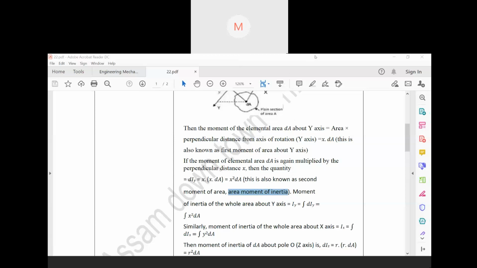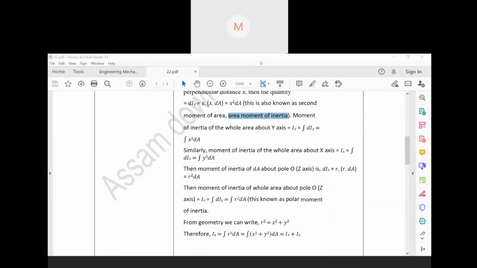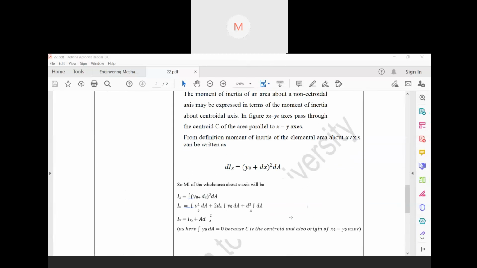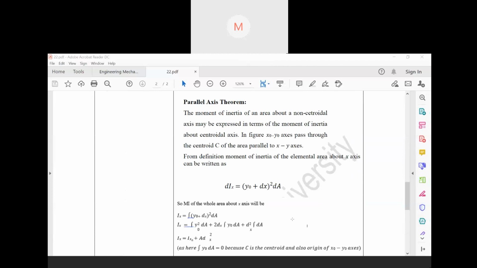So that is why we are taking this area moment of inertia. Okay. Now we go to the next one, the parallel axis theorem. What is the parallel axis theorem?